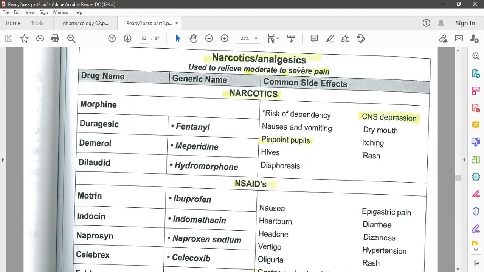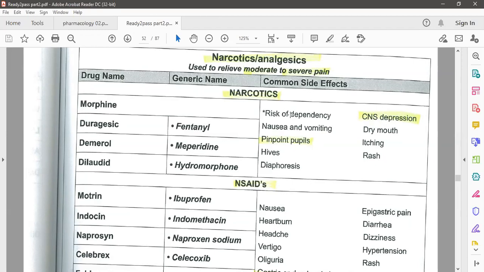The mode of action of morphine: they bind to the opioid receptors in the central nervous system. Again, I want to share with you the side effects, which are really important for the board exam. Morphine can cause central nervous system depression or respiratory depression. Other side effects are sedation, constipation, GI upset, hypotension, and urinary retention.